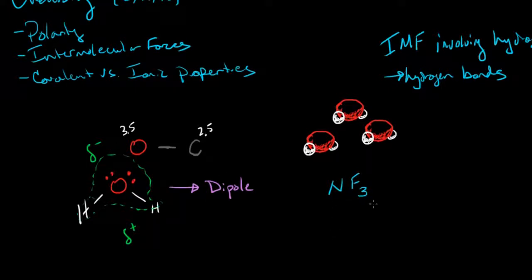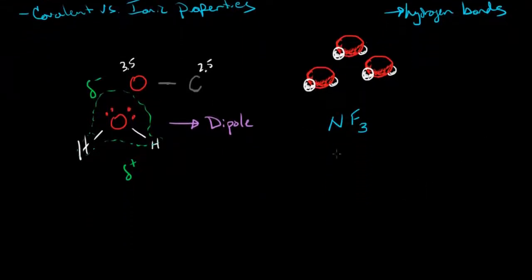So we'll do NF3 here, and so that's going to look like nitrogen, which is this light blue color, and most halogens we draw as green. So it's going to be one back here, one in front, and another one back here.